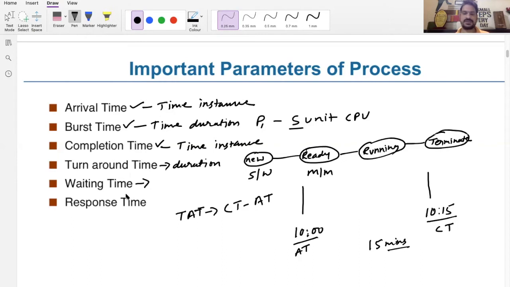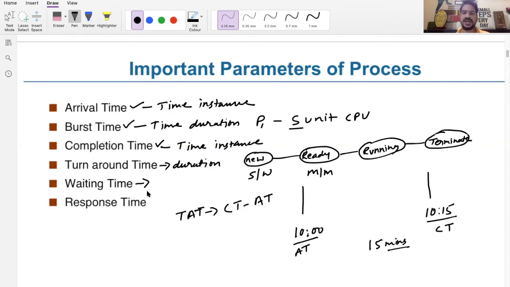Waiting time means how much time a process spends in the ready state. How much time after arrival a process will get the CPU. That particular time duration is called waiting time.